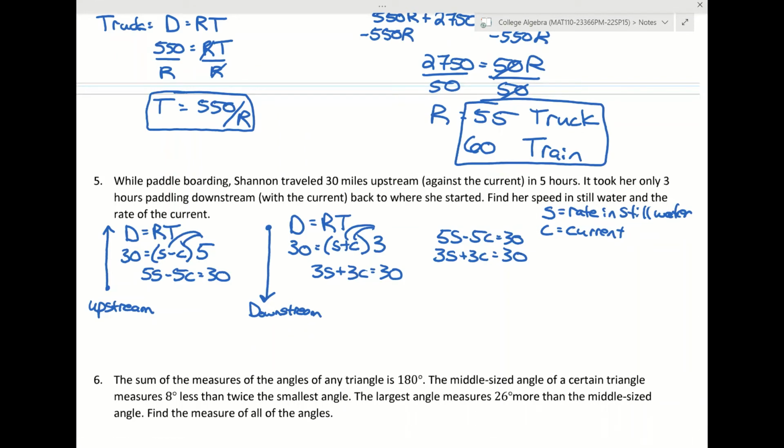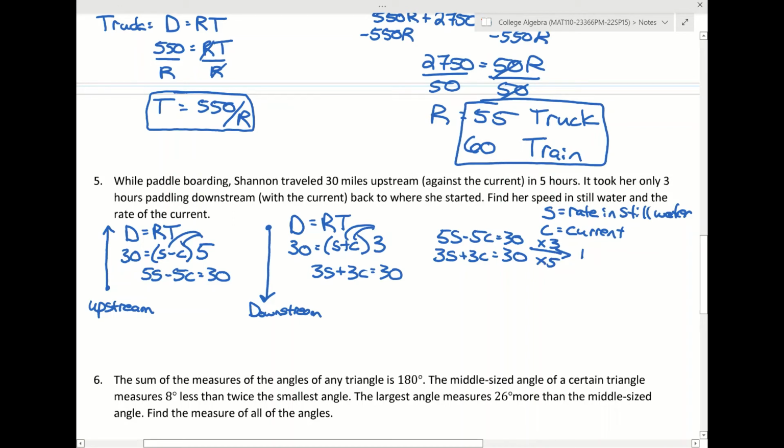We just have to eliminate to solve for S, which is the speed in still water, and to solve for C, which is the current. So we could just go ahead and multiply. I'm going to multiply the top by 3 and the bottom by 5.